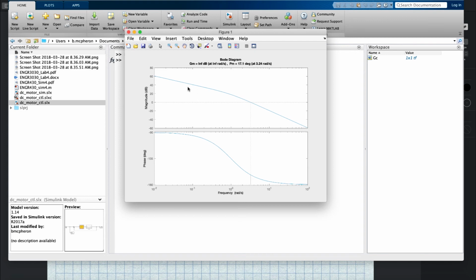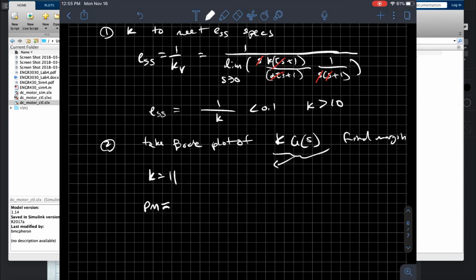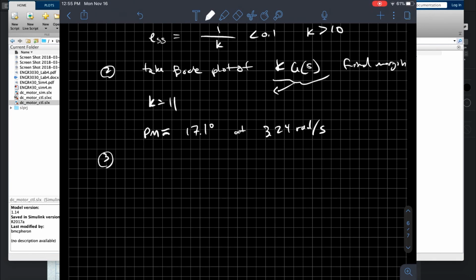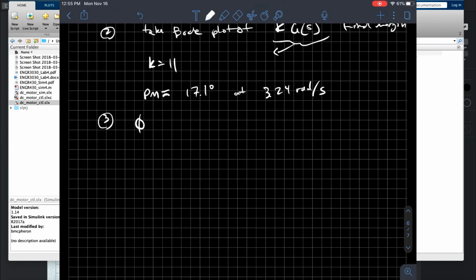So back to my handwritten notes. I know that PM is 17.1 degrees at 3.24 radians per second. Step 3 is to find phi m.